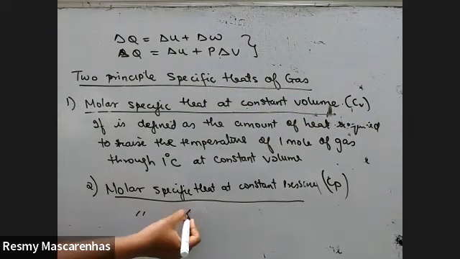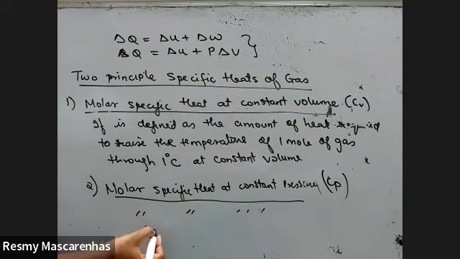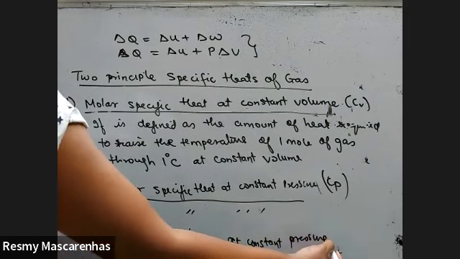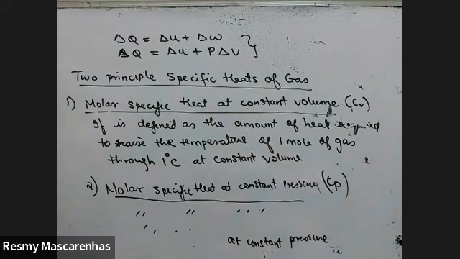Same thing you write: it is defined as the amount of heat required, and just repeat everything, writing the last words as constant pressure. So if you are increasing the temperature by 1 degree keeping constant volume, it is called CV. If you are keeping pressure constant and checking the temperature, then it is called CP.